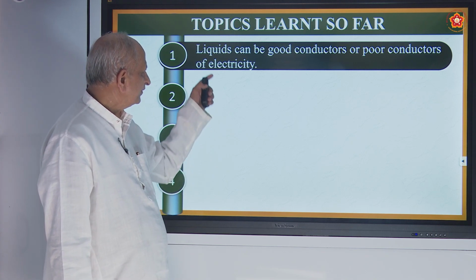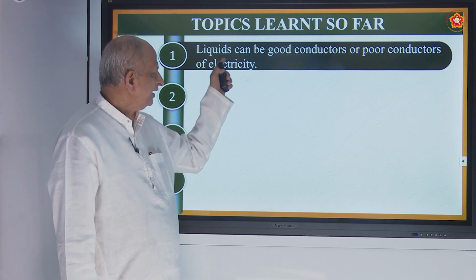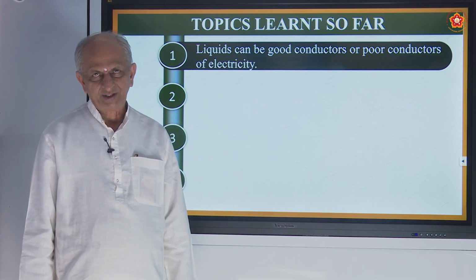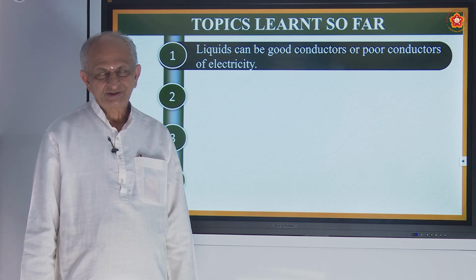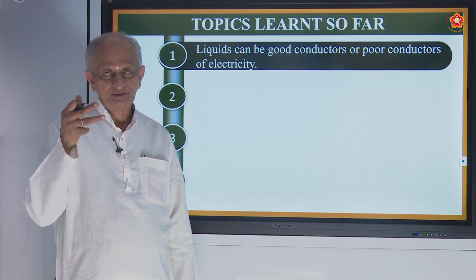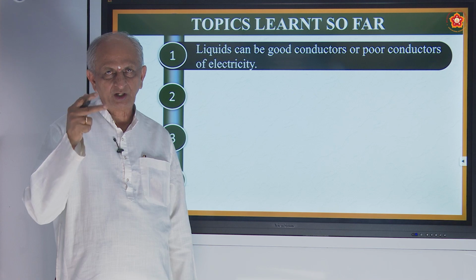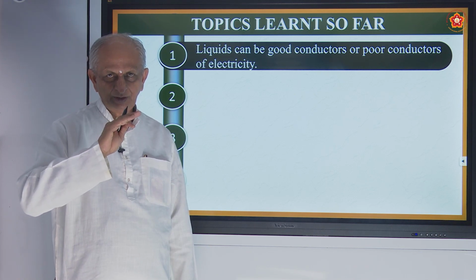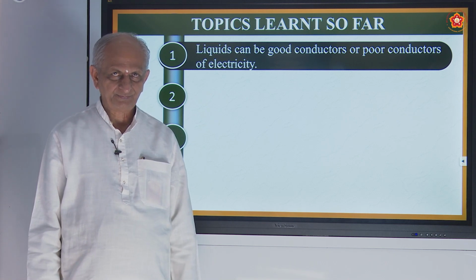It has got a wide variety of applications. So in the last class we have seen that liquids also can be good conductors. For example, sodium chloride solution, copper sulfate solution, all acid solutions, base solutions and salt solutions.